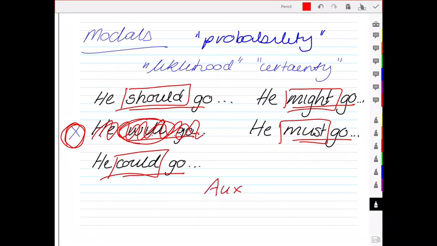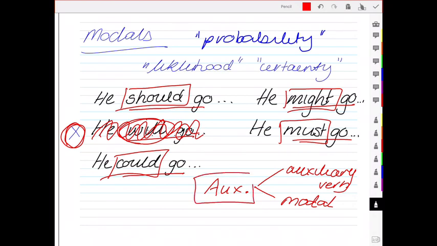For the purposes of this class, you can just classify them as that main auxiliary type, but just bear in mind that there are two types of auxiliaries. There are auxiliary verbs that we discussed before, and modals that we're talking about now that really link to the probability that something is going to happen, but just code them as auxiliaries.